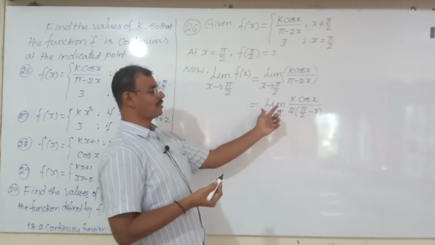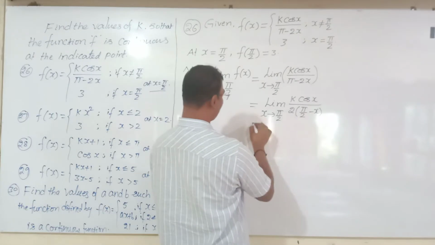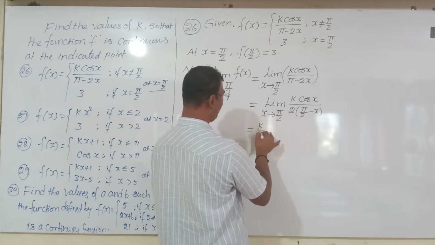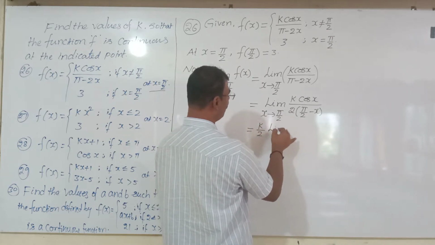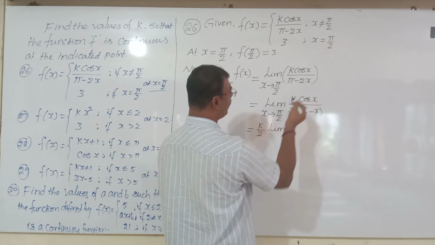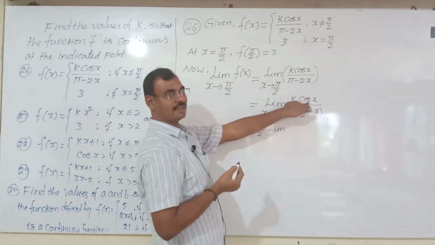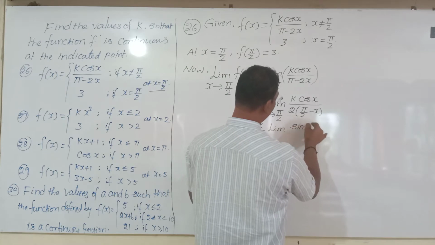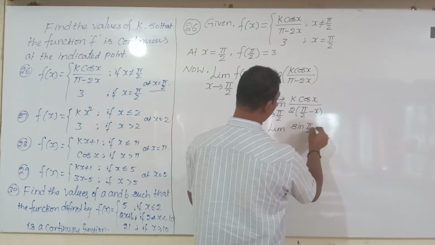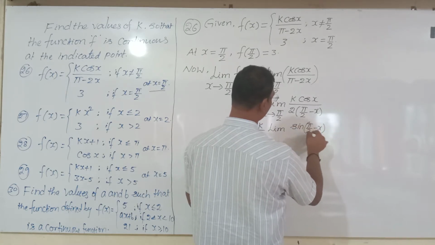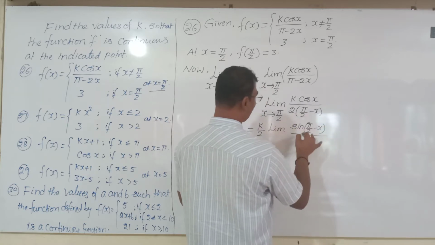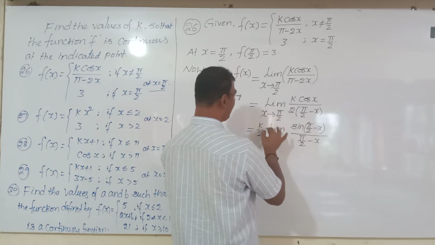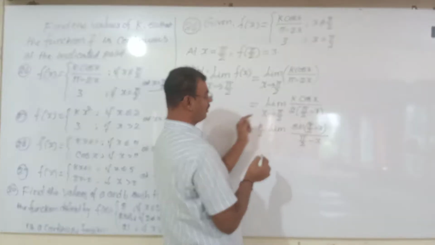I would also write this as constant term k divided by 2 taken outside, times limit of cos x, which is sin of 90 minus theta, sin of pi by 2 minus x, divided by pi by 2 minus x as x approaches pi by 2.